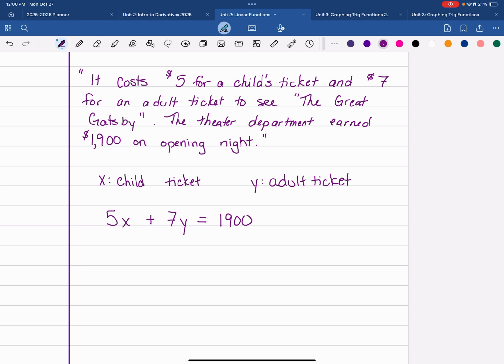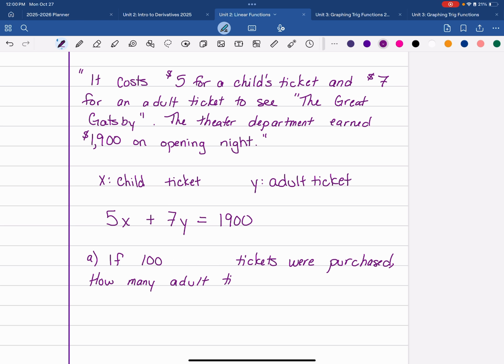And then what we do from there is we say, okay, let's assume that if 100 student tickets were purchased, how many adult tickets were purchased?